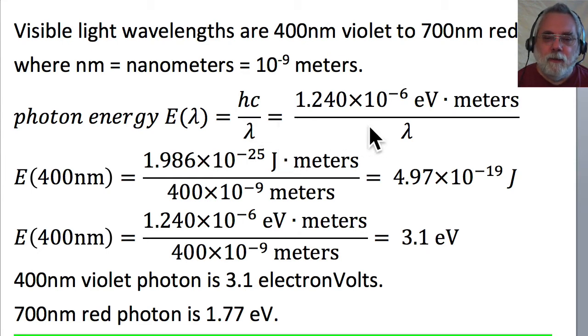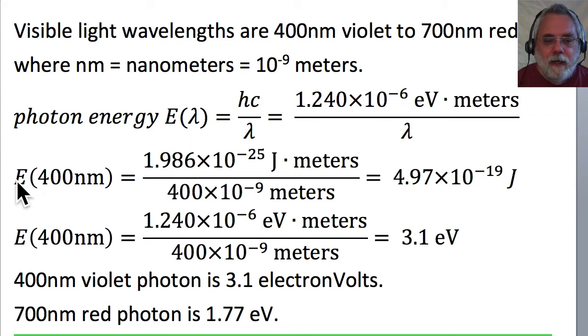So in the table above, hc was 1.24 by 10 to the minus 6th electron volt meters, and if we divide that by wavelength lambda, we will get the energy of a photon in electron volts.